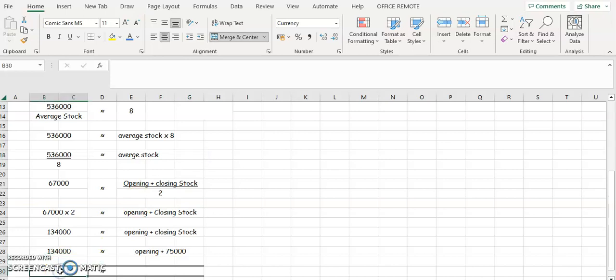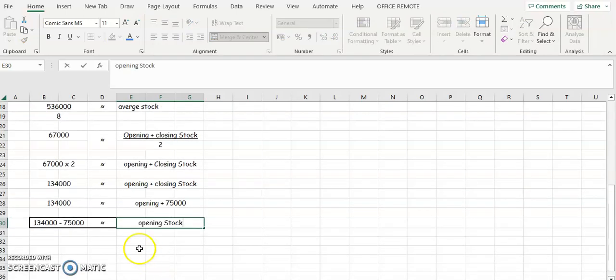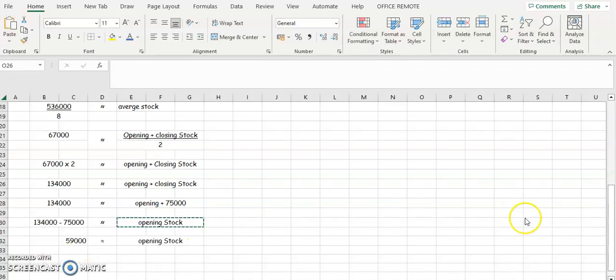Now 134,000 minus 75,000. If it's plus on one side, when we bring it over the equals, it becomes a minus. So it's equal to your opening stock, which is 59,000. Opening stock then is 59,000.